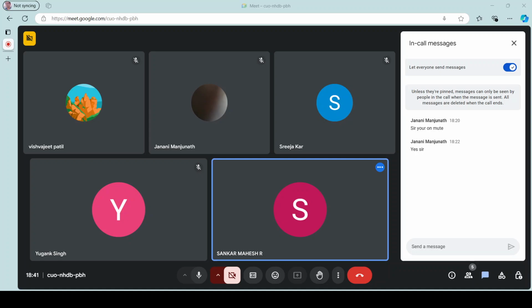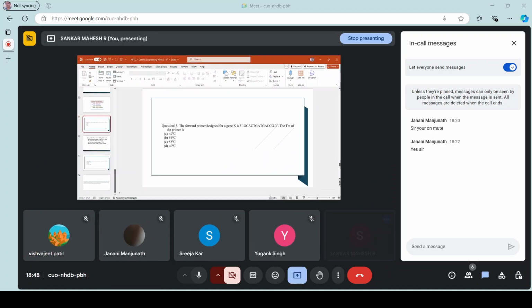Then we also discussed how to calculate the Tm. There were two methods described in the video, but the formula that we usually use is, does anyone remember the formula that we usually use to calculate the melting temperature, Tm?